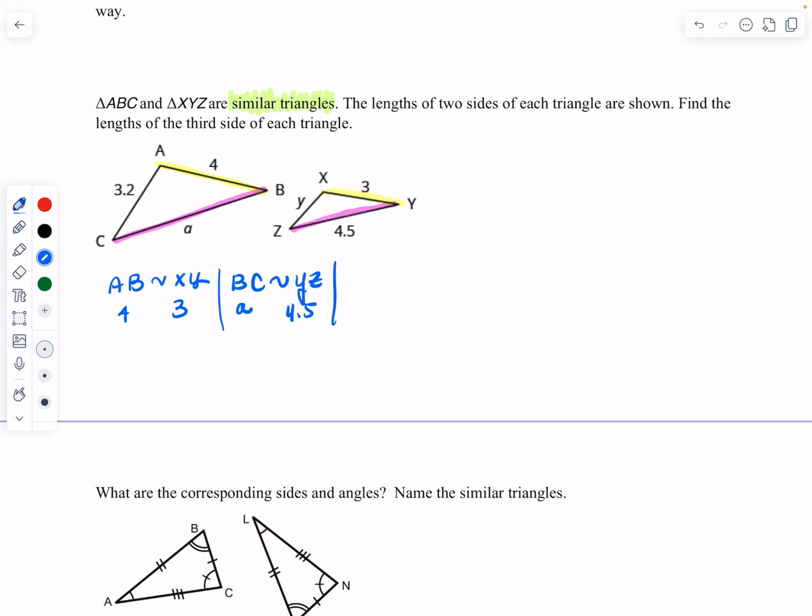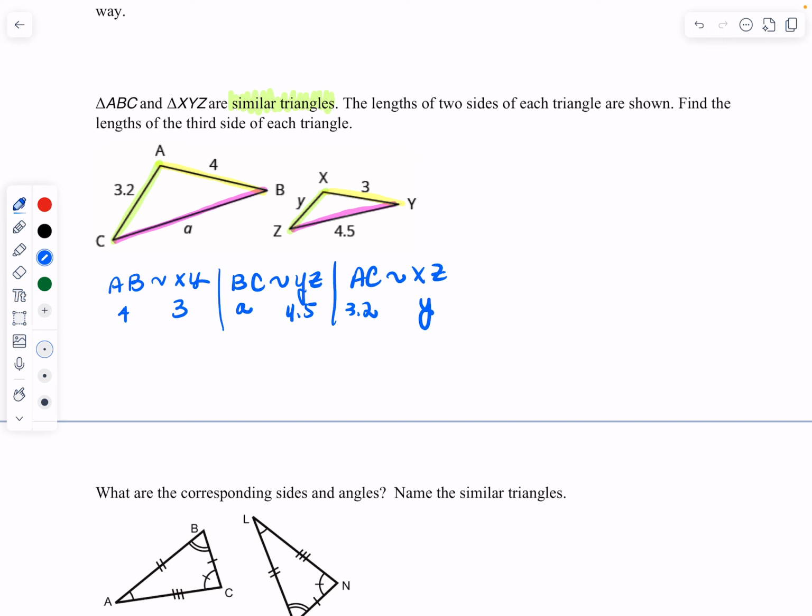And now I have one more side, my last side, which is the last letter of triangle ABC. Remember, C wraps around to the first letter A. So I'm going to mark that as green. So AC is similar to, and by the way, AC is 3.2, and it's similar to side Z wrapping around to X, so XZ, which in this case is unknown.